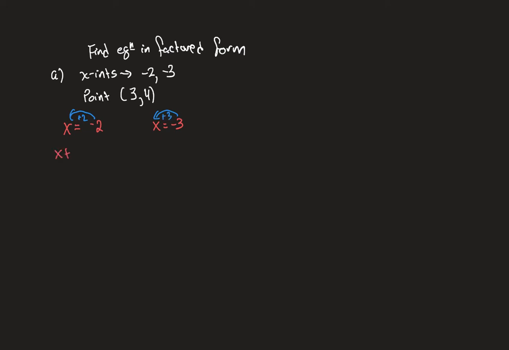So the original linear equation was x plus 2 is equal to 0, and x plus 3 is equal to 0. These are my 2 factors. So far, I've got, don't know what my a value is, but I do know I have x plus 2 and x plus 3. So remember, our first step is to remake our linear equations.